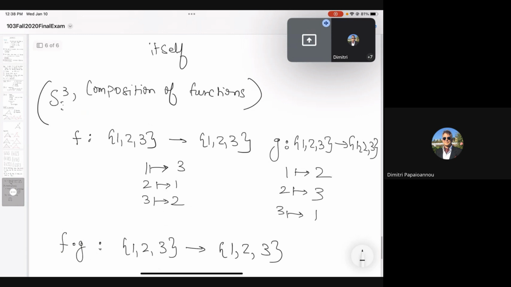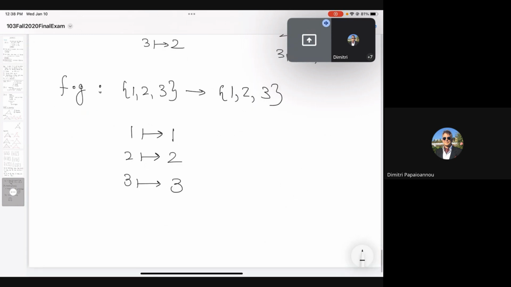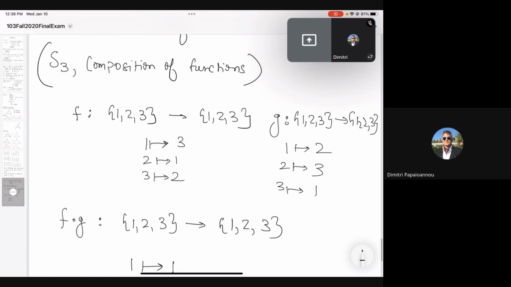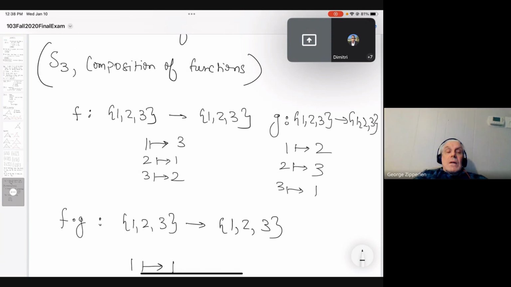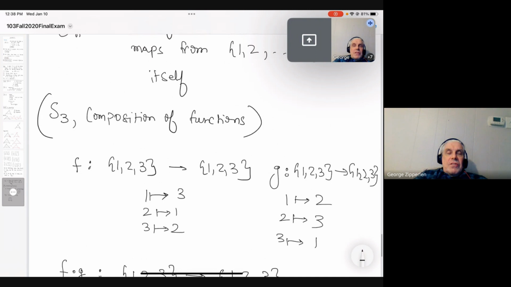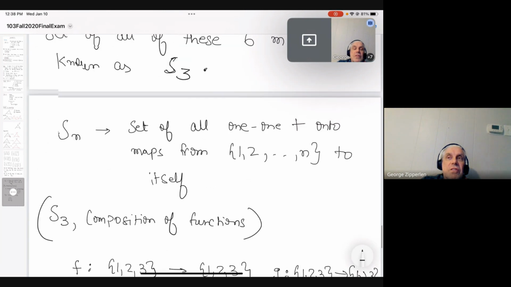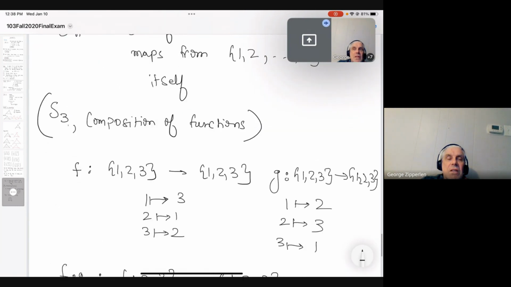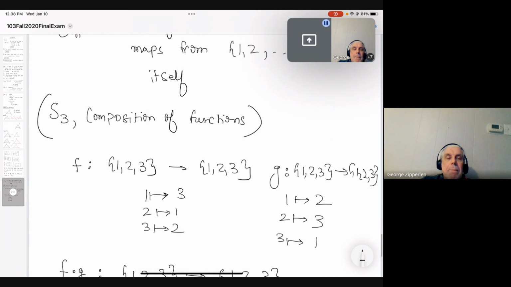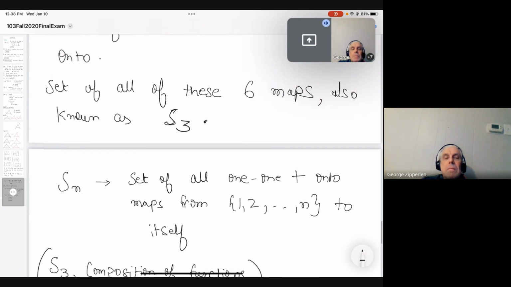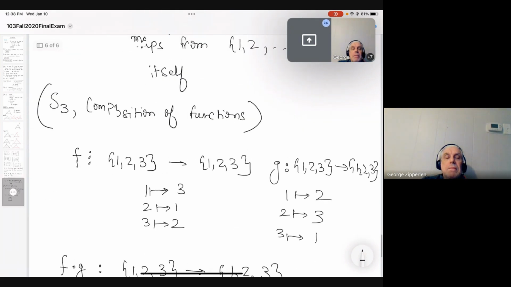I can repeat. Sorry. You're talking about the symmetric group S3 and composition. Yeah. So I was just saying that we arrived at this example while discussing groups.